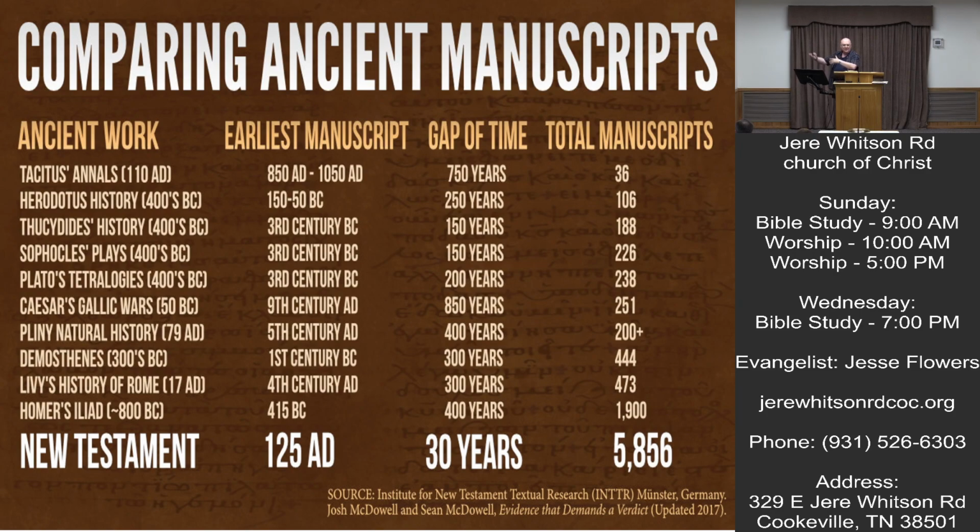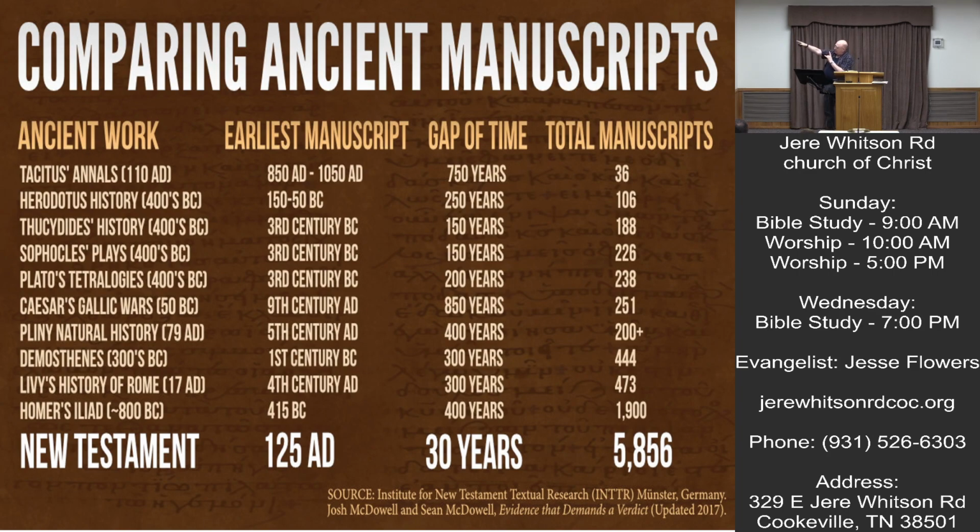Everybody that's in the military knows about Caesar's Gallic Wars, read that I don't know how many times. But when you look at the total number of manuscripts that are here, and Kyle's got a chart in the book that talks about this too, you look at those numbers, and then you look at the New Testament numbers.